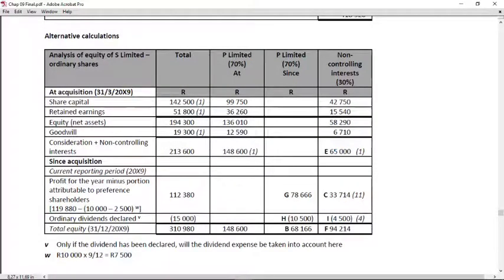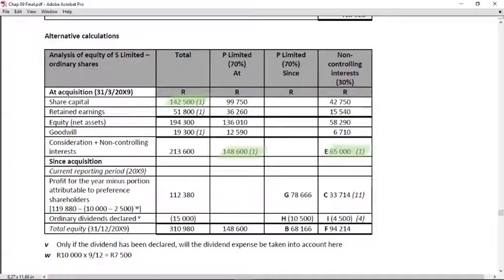To wrap up example 9.1, let's talk about the analysis of equity. And I want to show you how all the amounts you've already calculated will fit into the analysis of equity when you have an interim acquisition. The share capital is still there, the investment by P is still there, and NCI, all the same.